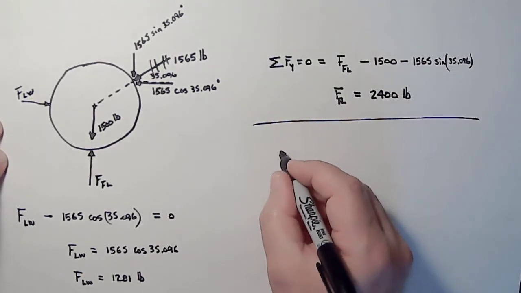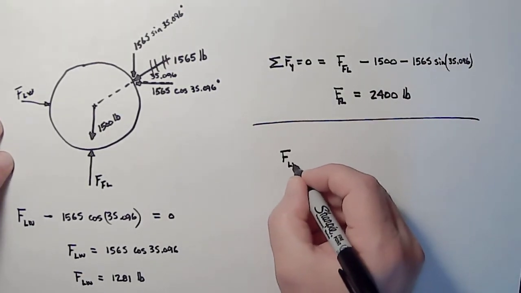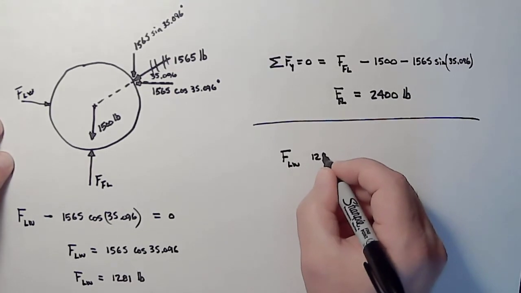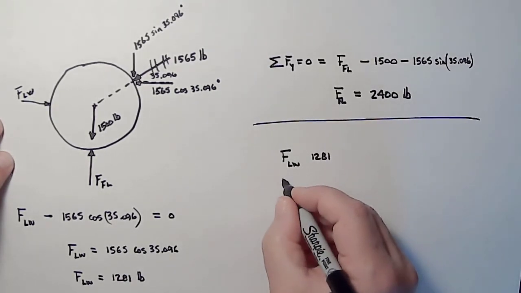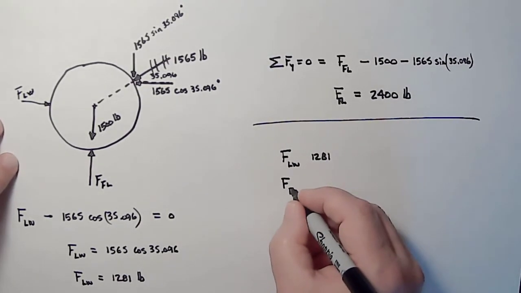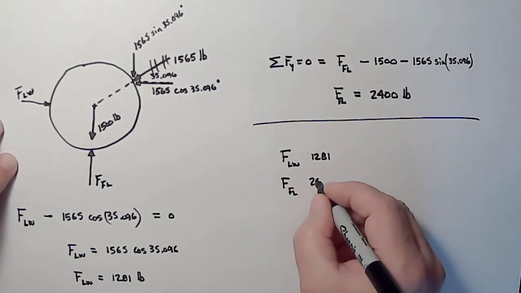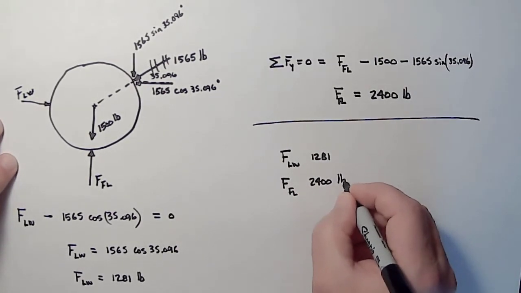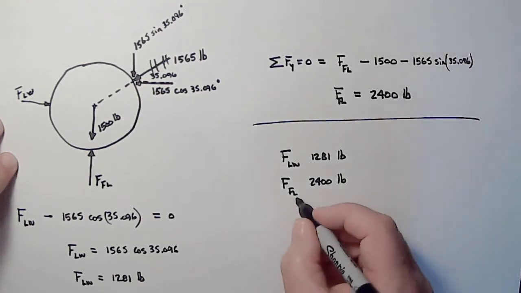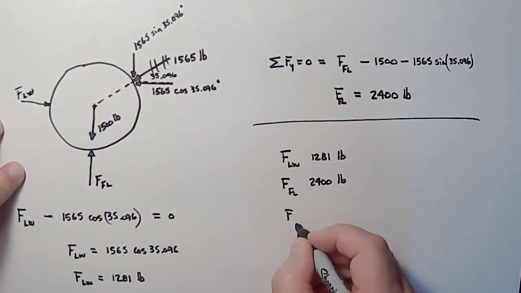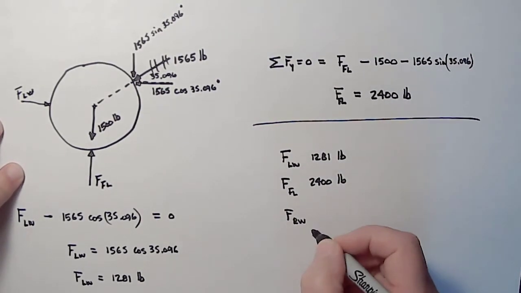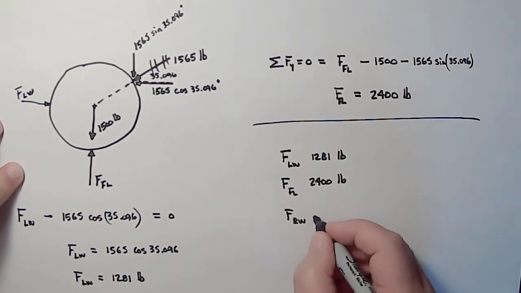So my force on the left wall is 1,281 pounds. My force on the floor is 2,400 pounds. My force on the right wall is 1,281.